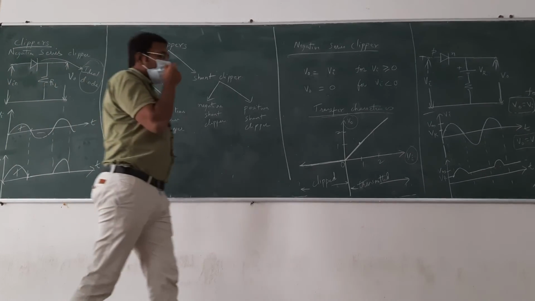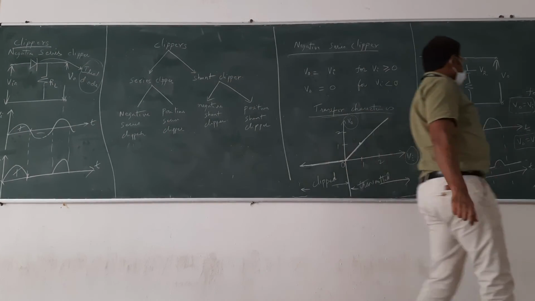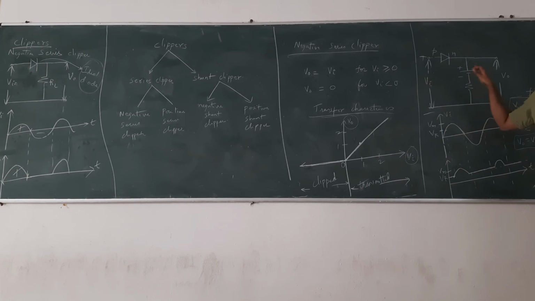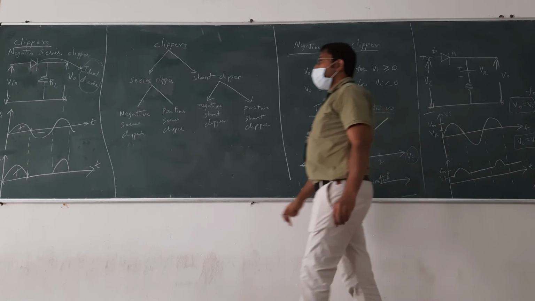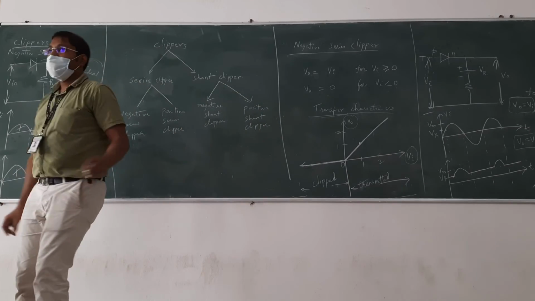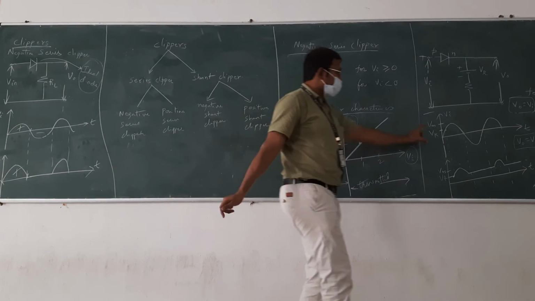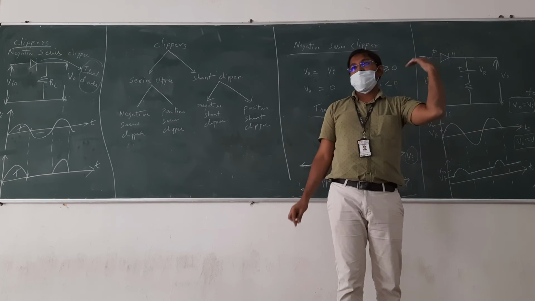Okay, right. What is the name of this waveform, anybody? Name of this circuit? Which waveform is clipped here? Some portion of the positive is there, negative is completely clipped.